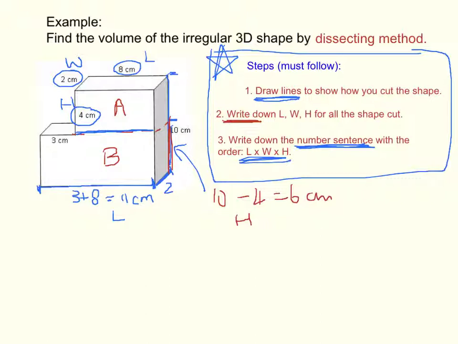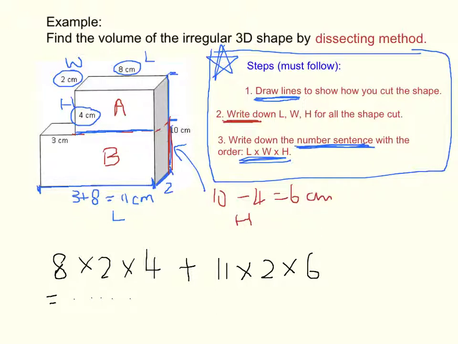It will be length times width times height, and then plus cuboid B. Cuboid B here means 11 times width times height. So it's like this. Okay. So Miss Wong here again, not enough space. So in the homework, you need to write down the answer, calculate the answer, and write the statement.